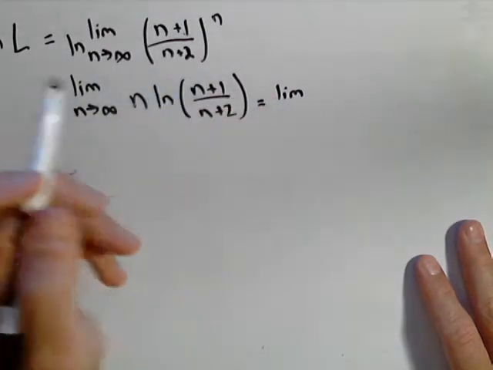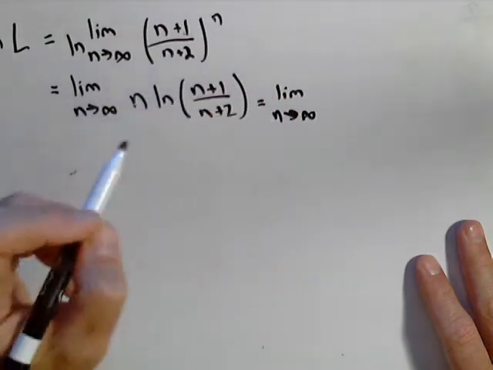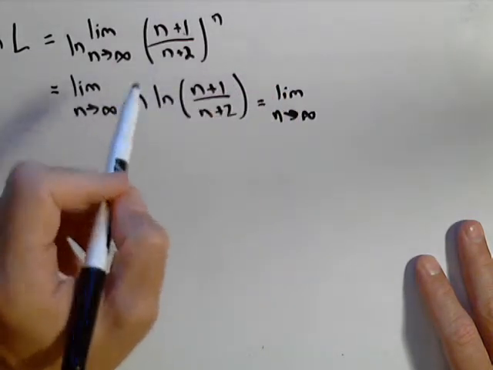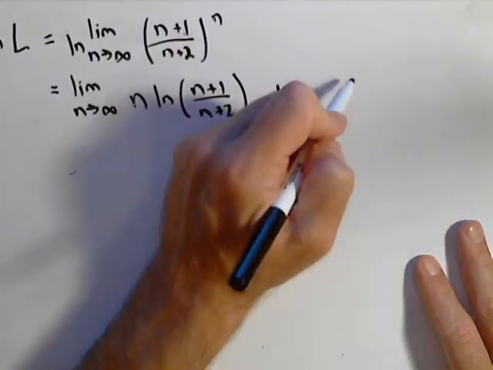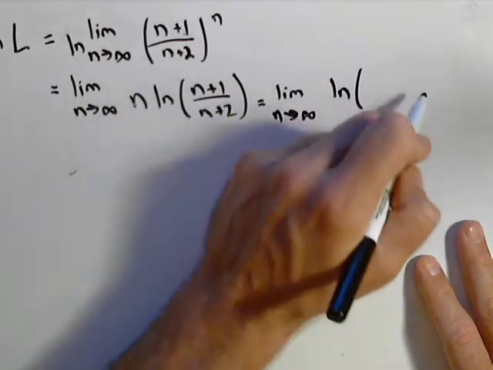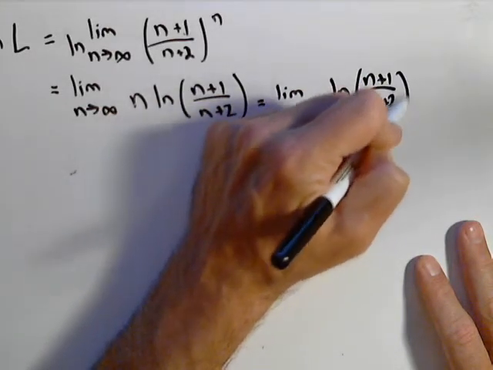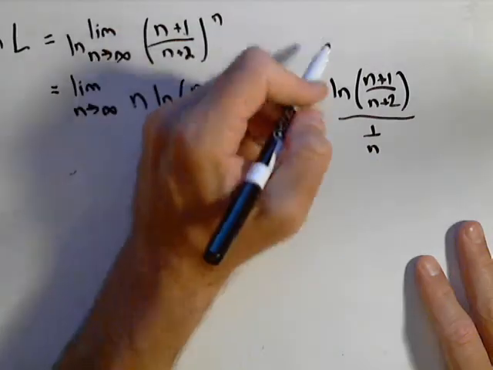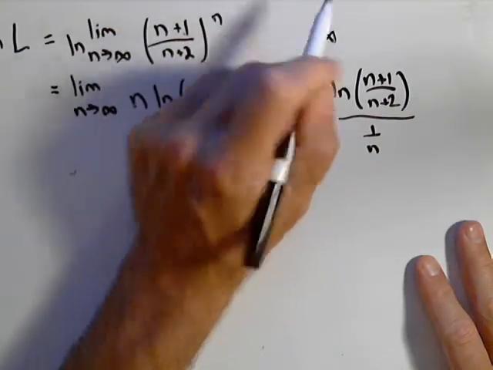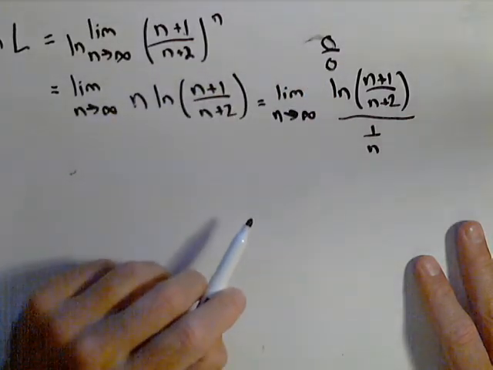So I've got the limit as n goes to infinity of ln of n plus 1 over n plus 2, over 1 over n. Same exact thing, but now I've got a 0 over 0 case.